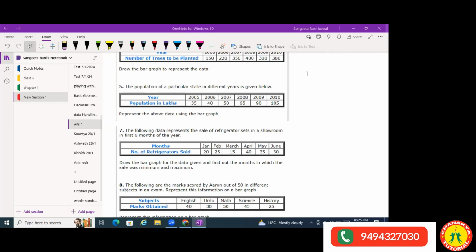How can 2 be there? No, that's not correct then. For question number 5, you should take it as 10. 2 is not correct, beta.